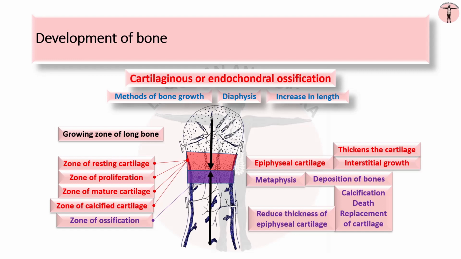So in simple words, the epiphyseal cartilage which is close to the epiphysis side of the epiphyseal plate divides to create more cartilage, while the cartilage close to the diaphysis side of the epiphyseal plate is transformed into bone. This increases the length of the shaft.